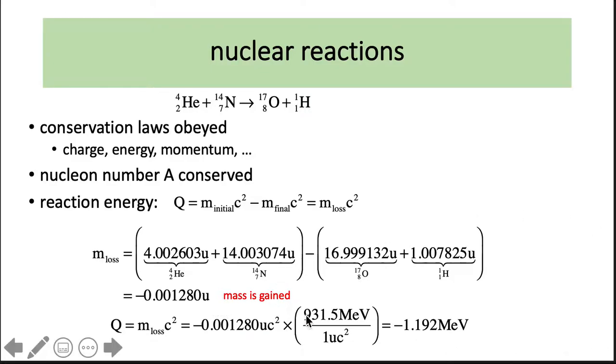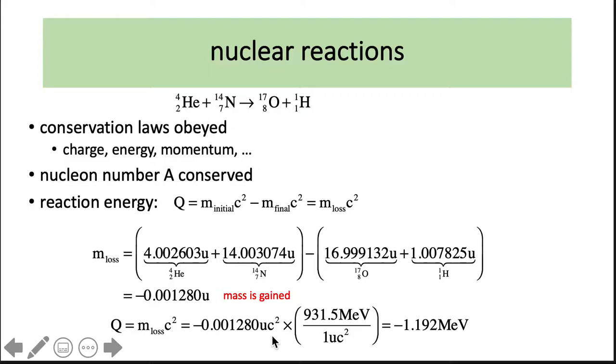But as a shortcut, it's convenient to do this. If you take this mass loss, minus 0.001280 U, and multiply by c squared, then instead of putting in c in SI units, you can just think of c as its own speed unit. I've got a U in there from the mass, times c squared, so that's just uc squared. And that itself is an energy unit, a non-SI energy unit.